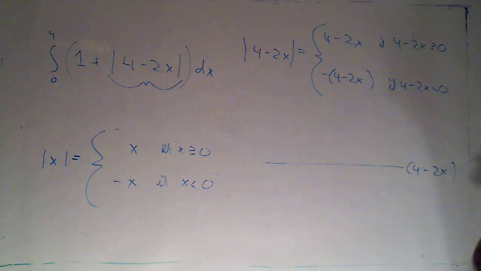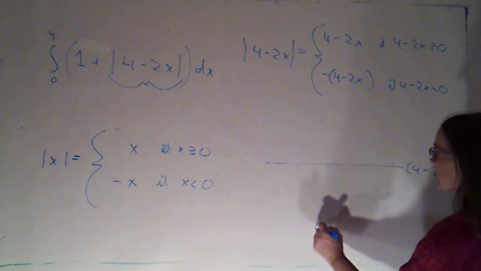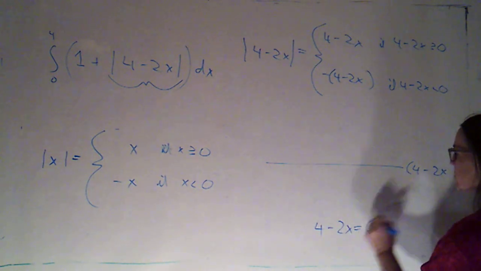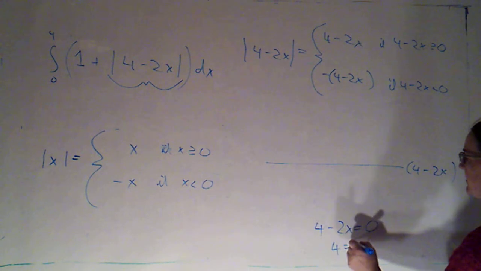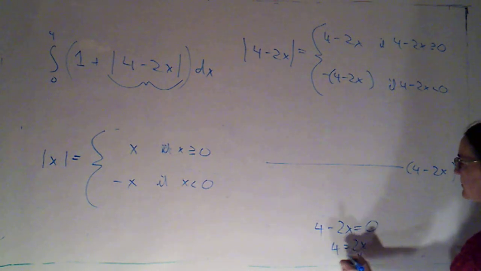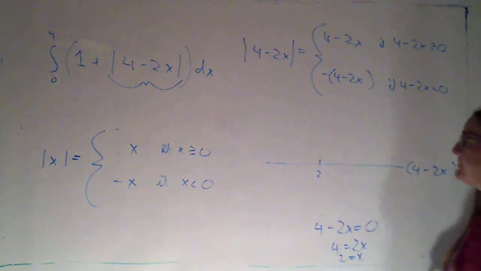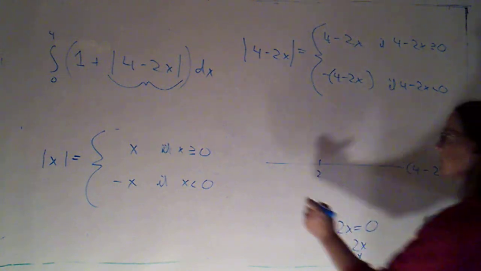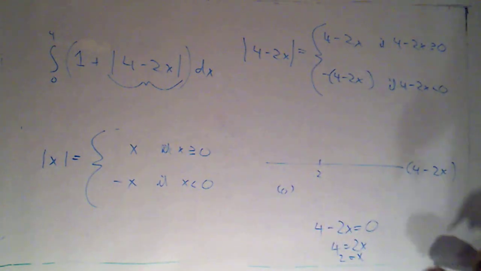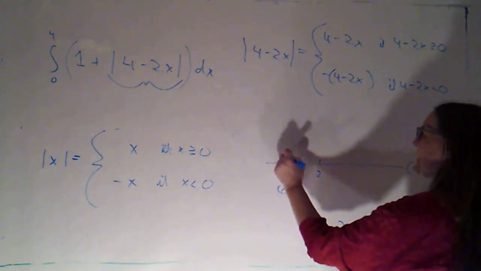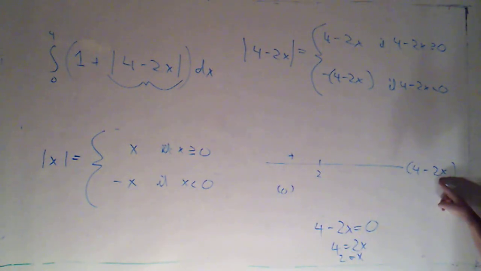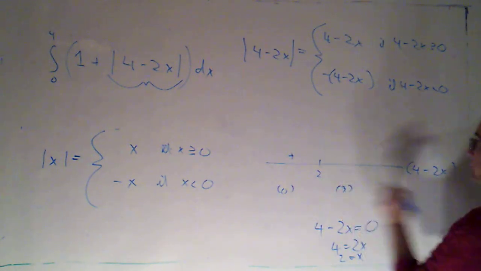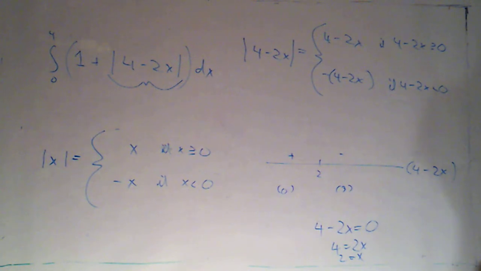So I'm going to say, well, where would this change signs? It could change sign when 4 minus 2x is 0. That would be when 4 is 2x, which would be when x is 2. And if I plug in a number smaller than 2, like 0, I would get something positive. And if I plug in something bigger than 2, like 3, I'm going to get something negative.